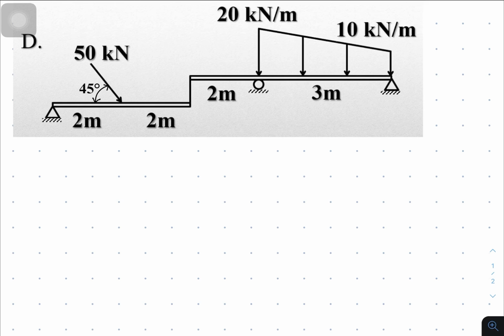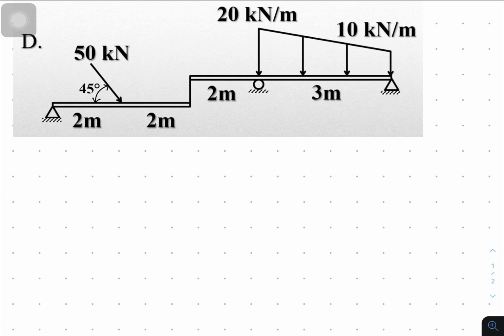An external link is when the link itself is connected to a different structure, like it's connecting the beam to a different structure such as a wall or column.